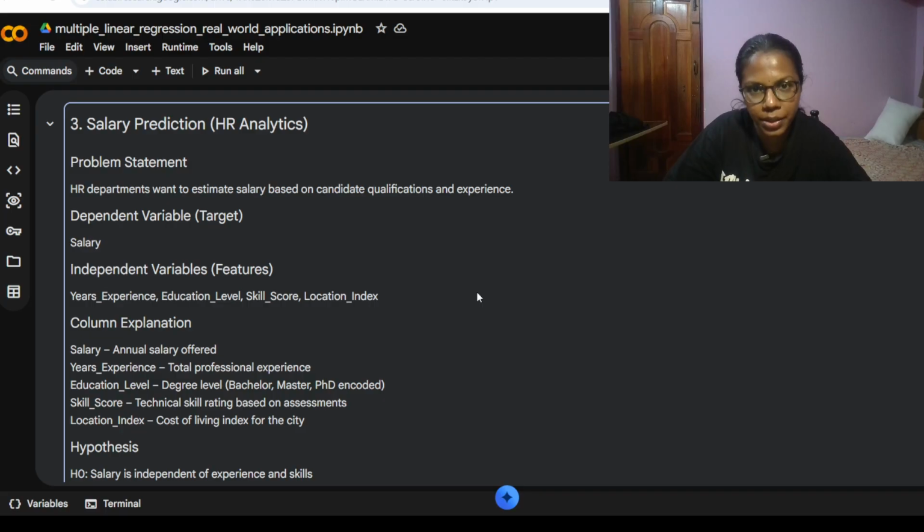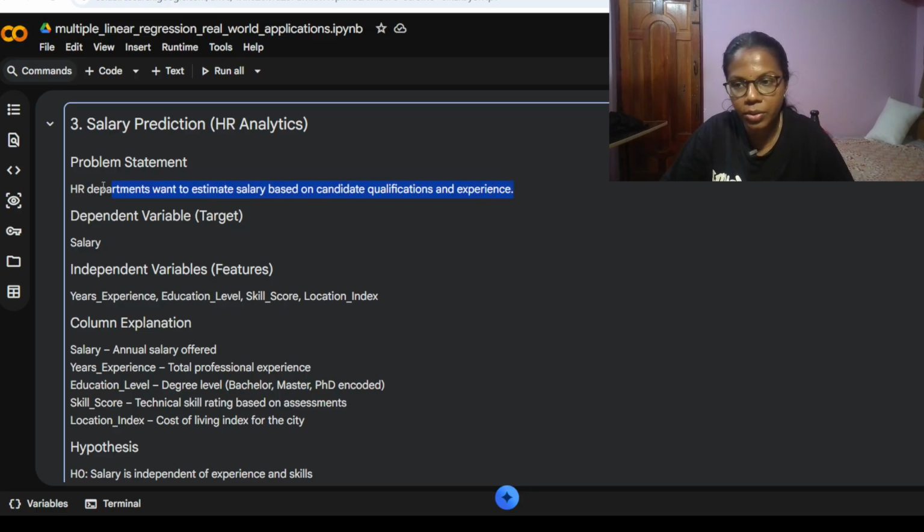It is not possible, right? But if you have a history of employees, you can tell them, if you know how to do data analysis, how to use AI, and how to use multiple linear regression. So now let's see in this problem statement how this algorithm is helping out.